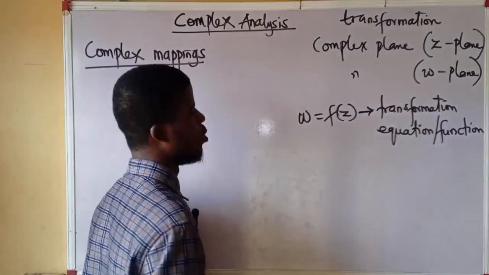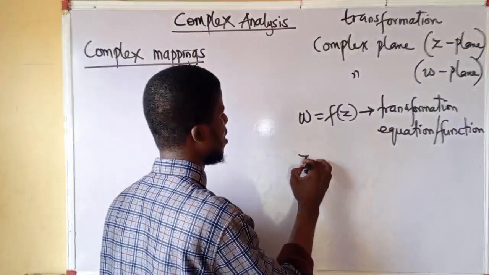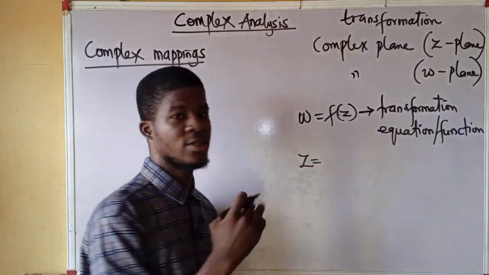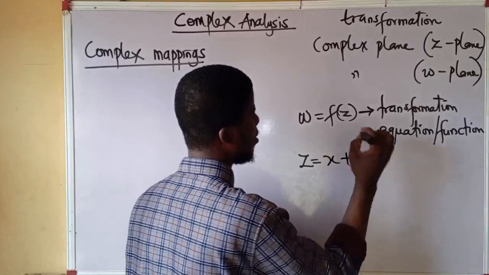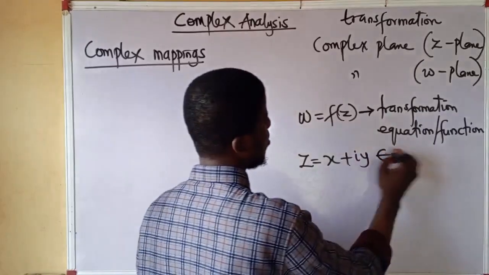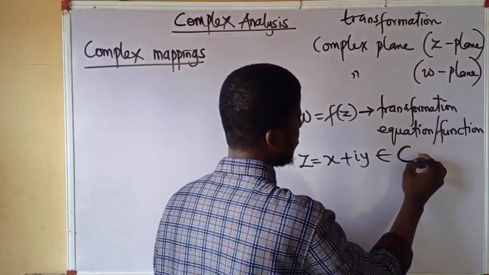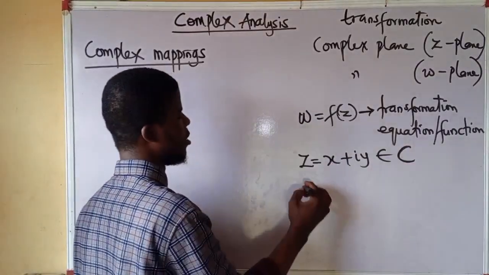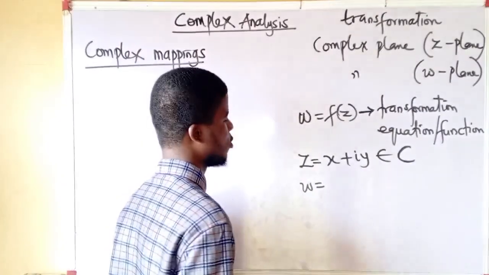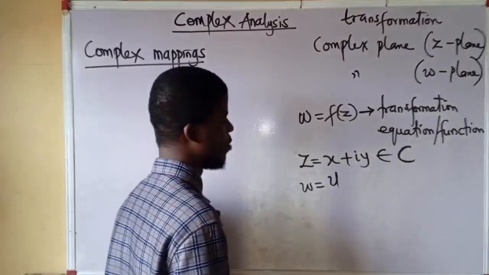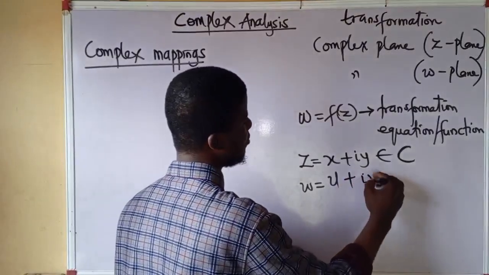In this equation, z is a complex variable, x plus iy, a member of the set of complex numbers. W is also another complex number, in terms of u and v.